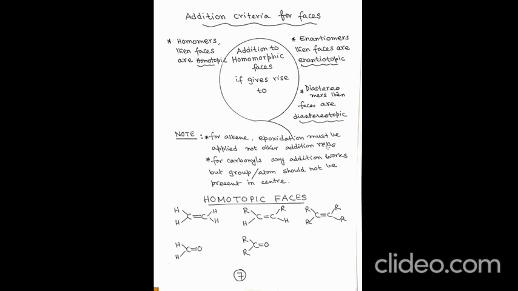If those two products after addition are diastereomers, then the two faces will be diastereotopic. Now I have given 5 examples of the homotopic faces, and in due course we will prove them. In case of the alkene we will apply epoxidation, and in case of ketones or aldehydes we will apply any other addition in order to find out the topic relationship between the two faces.